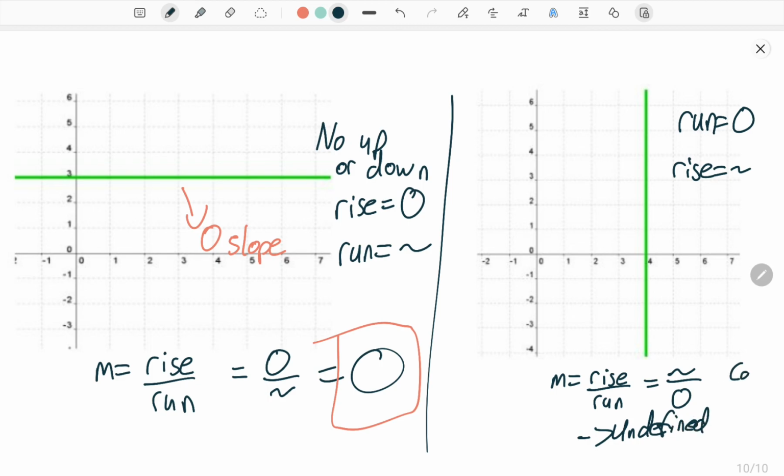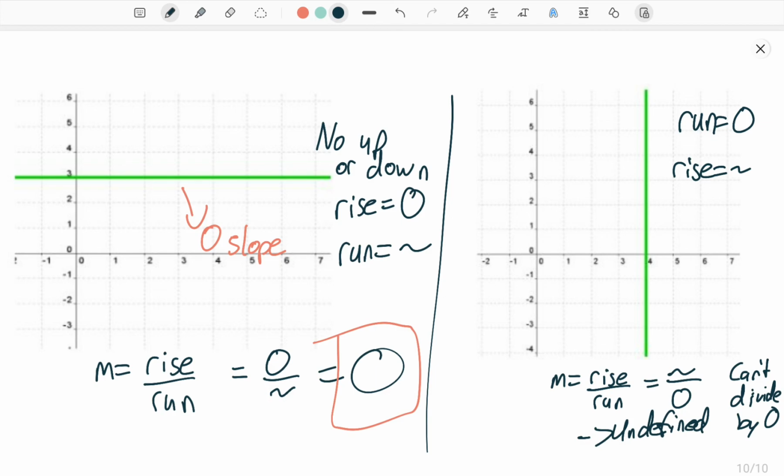And that's because we can't divide by 0. Okay. And so that is another case of a different looking slope that's not necessarily like our previous fractions.